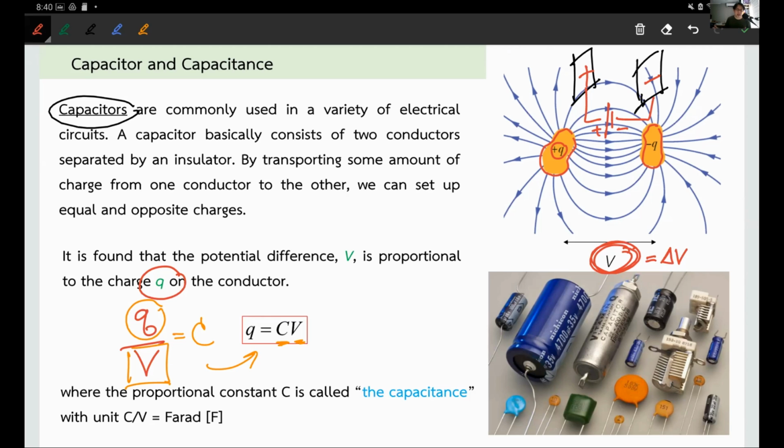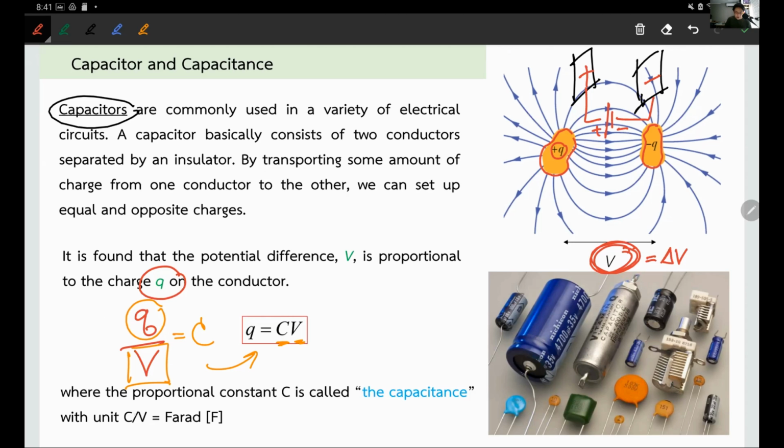Once again, for some reason, when we talk about devices and circuits, they drop the delta sign most of the time. Maybe they just don't want to keep drawing the symbol or something. All right, so you can write it as V, or you can write it as delta V. They mean potential difference.